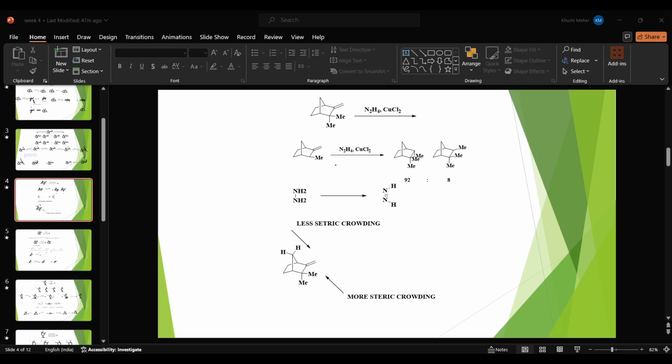Now is my drawing visible or not? Okay, the laser pointer option is there. Now is the slide visible or not?